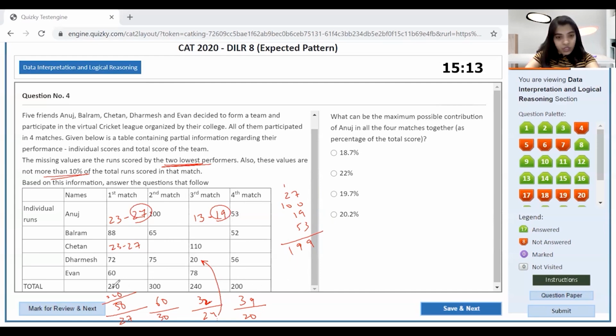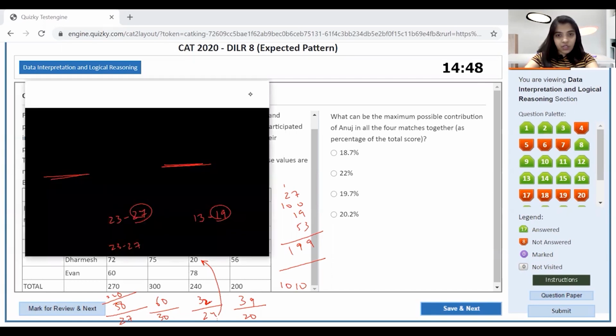We haven't calculated. 200, 300, 5, 6, 7, 8, 9, 900, 970, 1010. So we have 199 divided by 1010. Let's open the calculator here. 199 divided by 1010. 19.7 is the answer here.